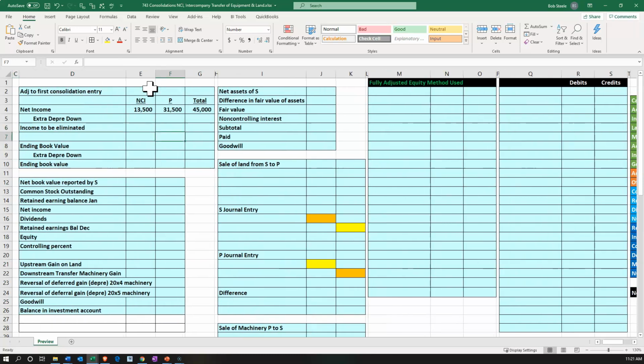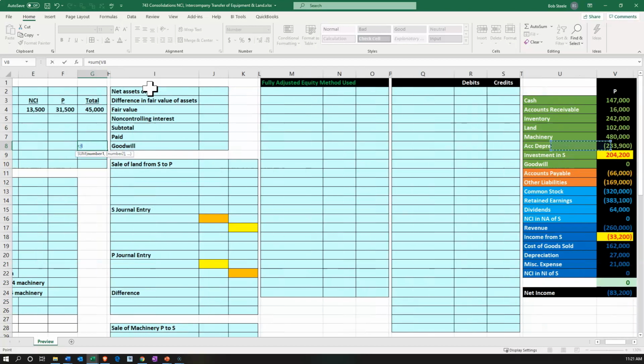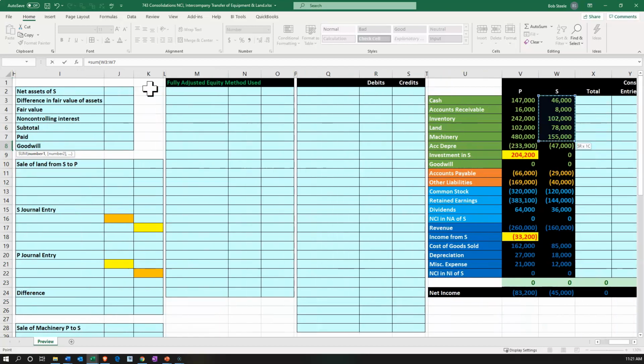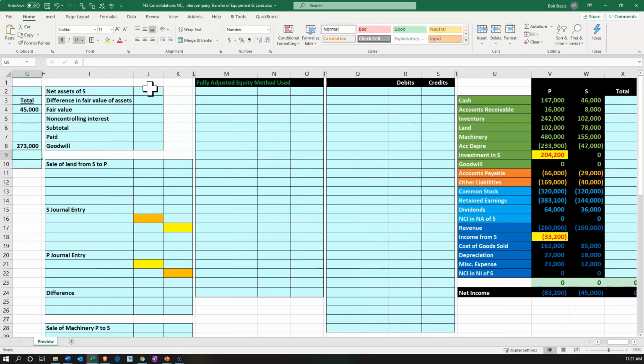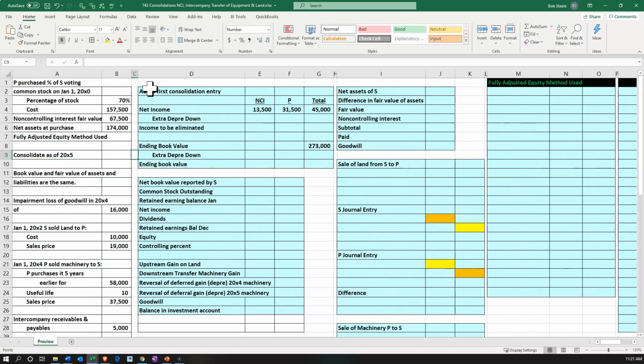This is going to start off with the total of the sum of the assets and the liabilities, and that's going to be the 273, which we would typically start off by breaking out between controlling and non-controlling interest, that being the 70% of it. Controlling interest, non-controlling interest, that's 273 times 1 minus the 70%, or 30%. These two, of course, add up then to that 273,000.